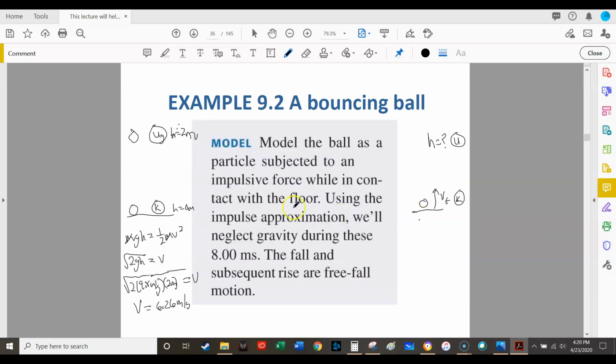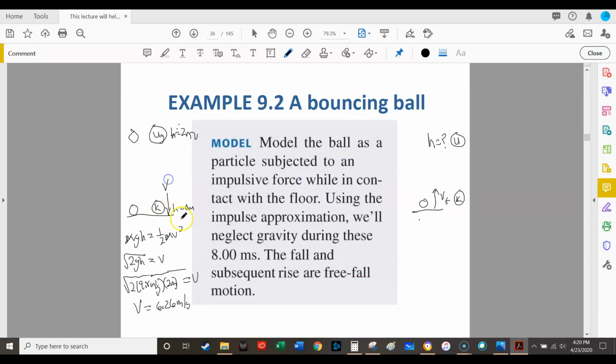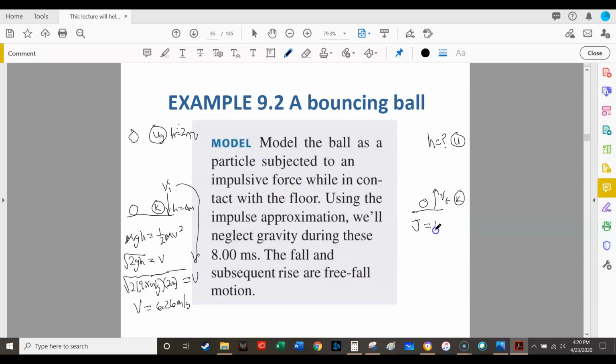Okay? So it was incoming, it was hitting the ground at this velocity right here, 6.26. So that's actually the initial velocity before the impact. After the impact, which is governed by the J vector, which we determined was 12 kilogram meter per second, that's going to cause an upward force, and thus it's going to cause an upward J vector, right?